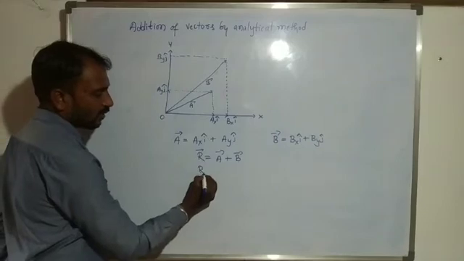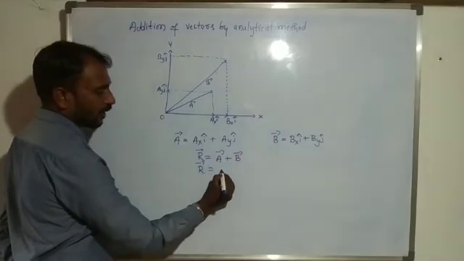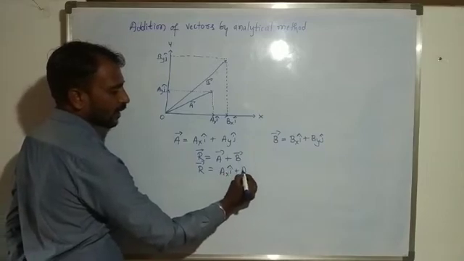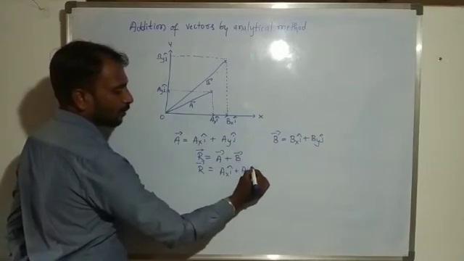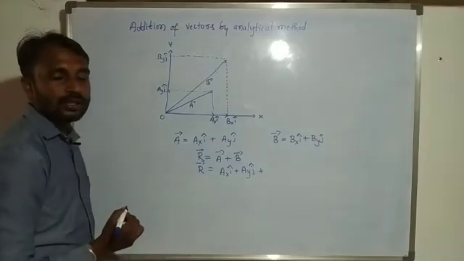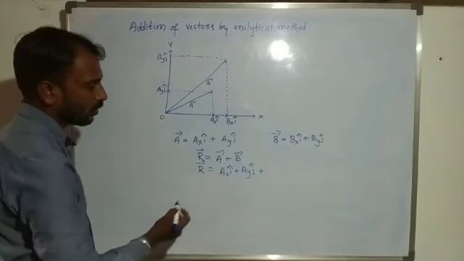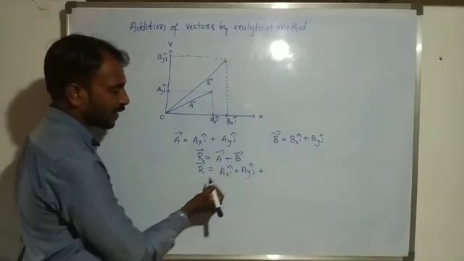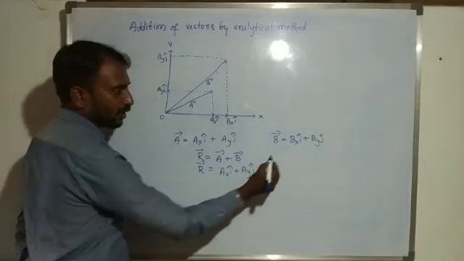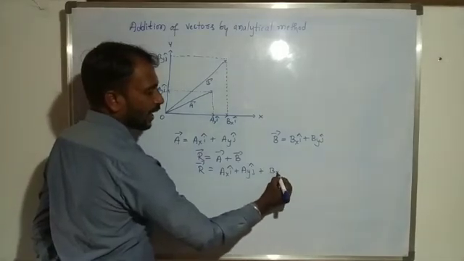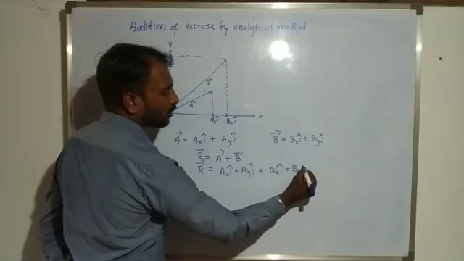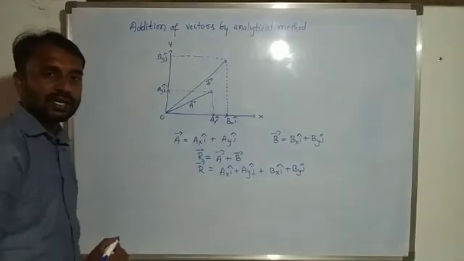So the resultant vector R is equal to Ax i cap plus Ay j cap plus, because we just add these two vectors, vector A plus vector B, Bx i cap plus By j cap. So this one is vector B.